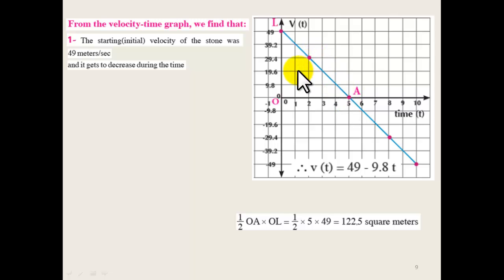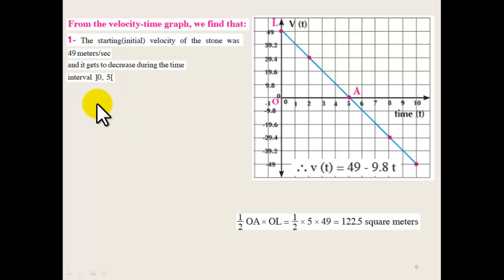Notice that the velocity in this part is positive, and in this part, after 5 seconds, is negative. What does that mean? It means that the stone changes its direction after 5 seconds. After 5 seconds, it is the top of the previous curve.